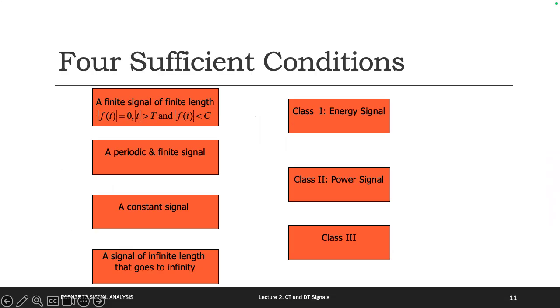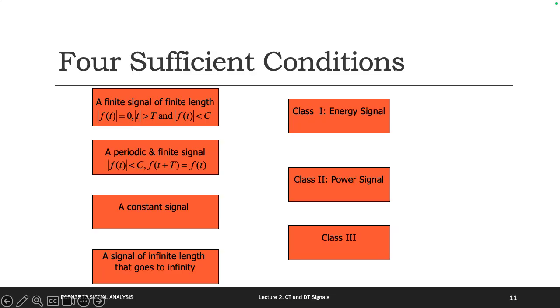If your signal f(t) is 0 outside some range of t, which means your signal's time duration is limited, and your signal is a finite signal, which means your signal's value will not go to infinity. This is the first situation.